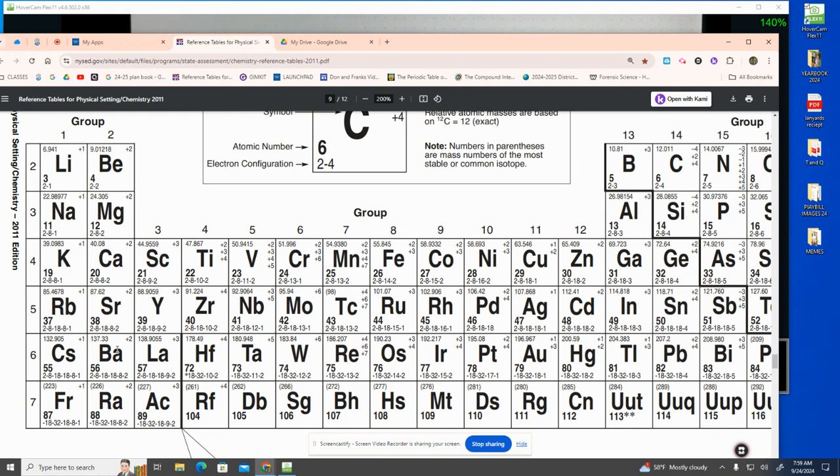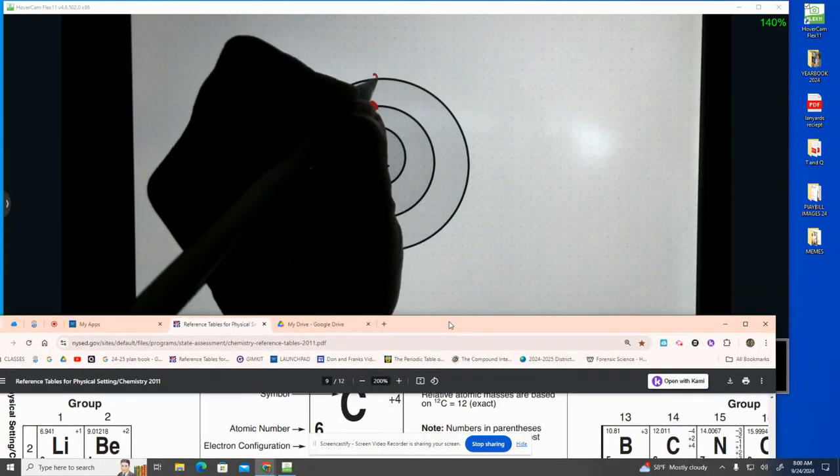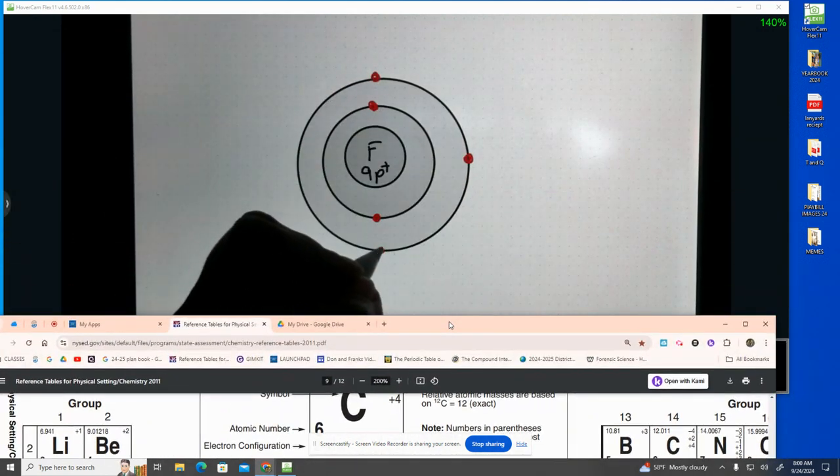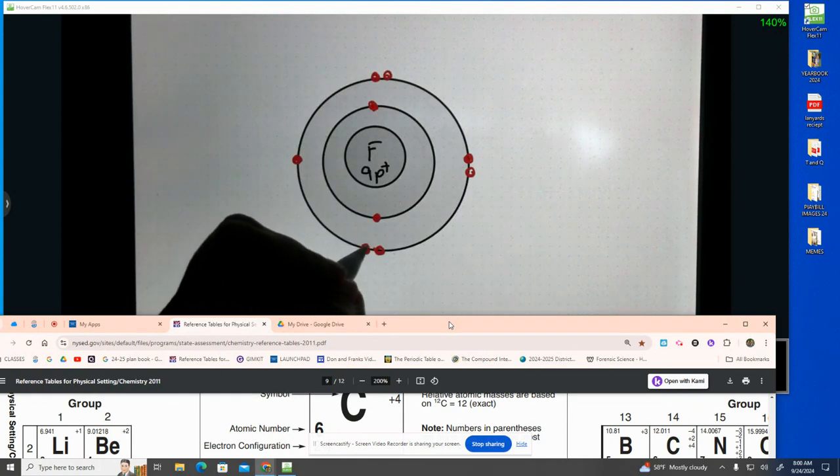How many valence electrons in fluorine while I draw these? 7. Okay, so you can't see anything. I'm just drawing fluorine so that you can get an idea. There's fluorine, and then 1, 2, 3, 4, 5, 6, 7.